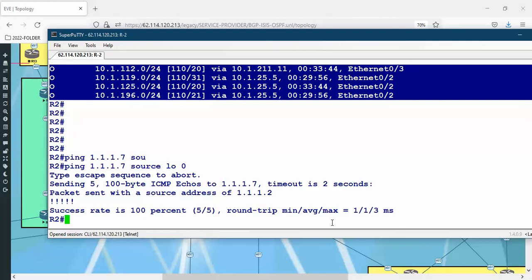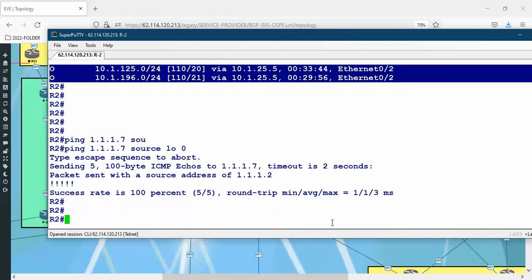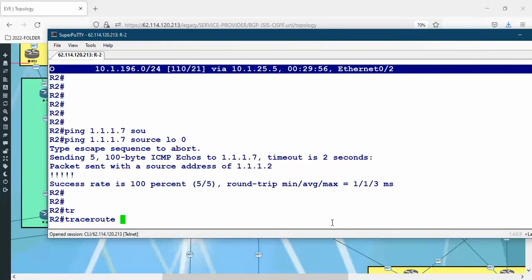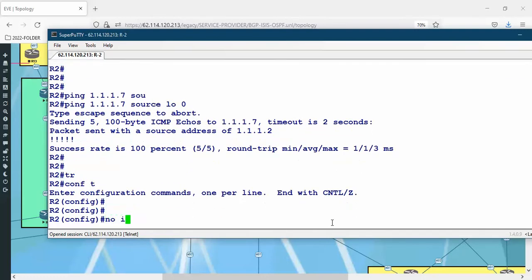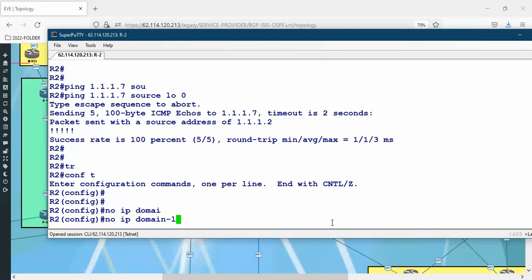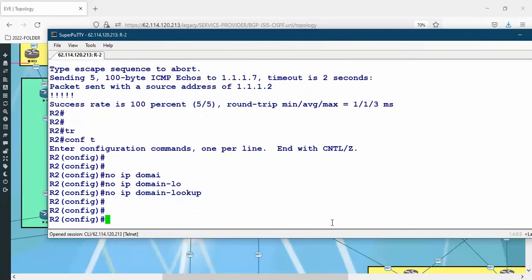We should have a reply, right? Let's say traceroute 11.1.1.7, but just before doing this, I need to do the following: config, no ip domain lookup.